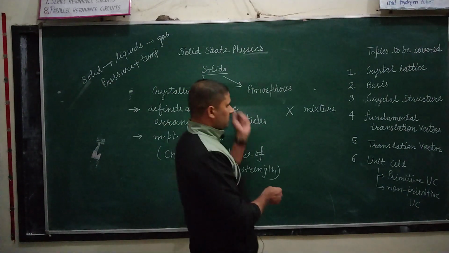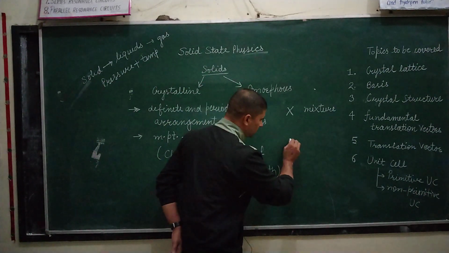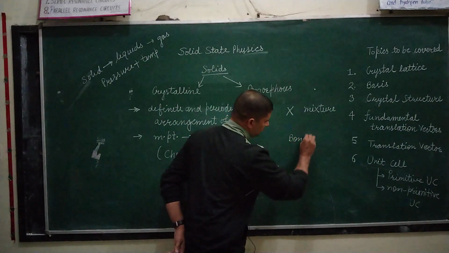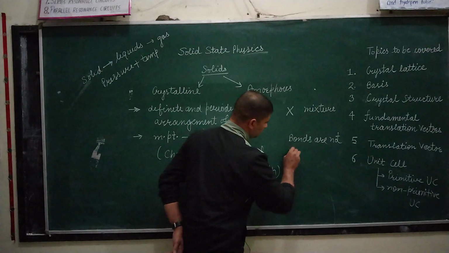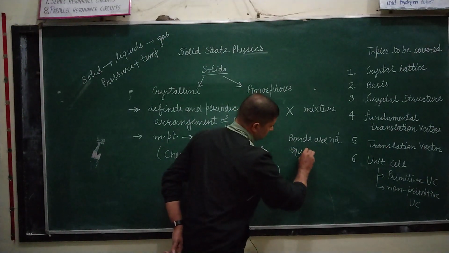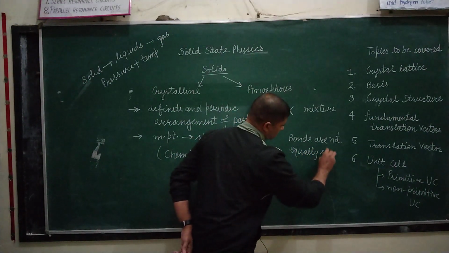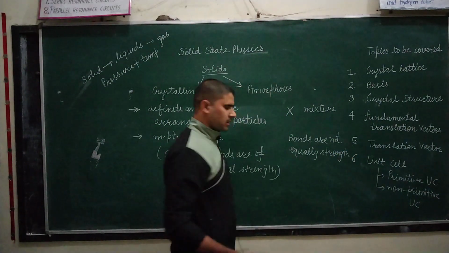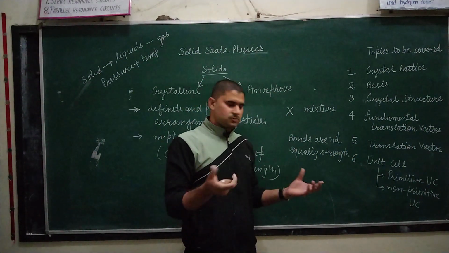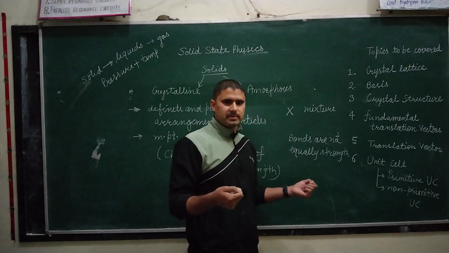But in case of amorphous solids, bonds are not equally strong. I want to say some of the bonds are weak and the rest of the bonds are comparatively stronger.